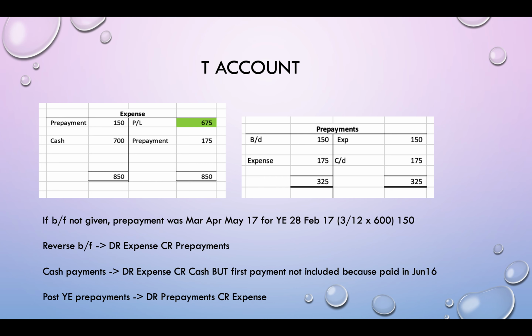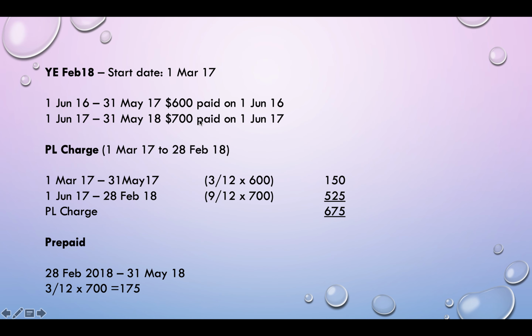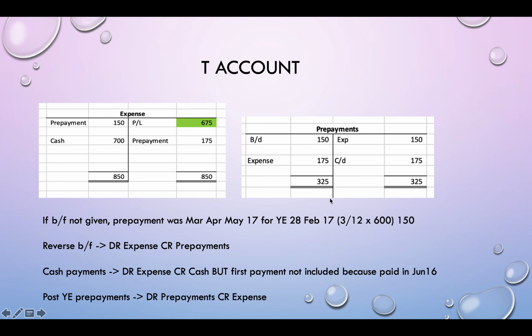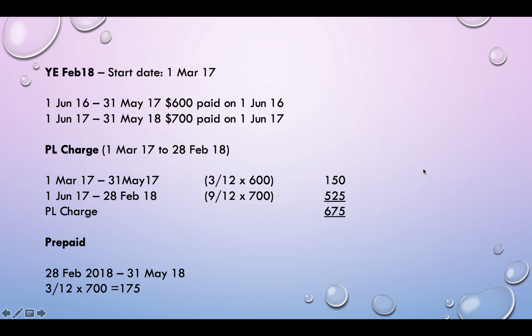The balancing figure in the expense account will be the profit and loss charge, and this equals the same figure as you can see here. Similarly, for prepayments, the carried forward figure 175 is the same as the 175 calculated here.